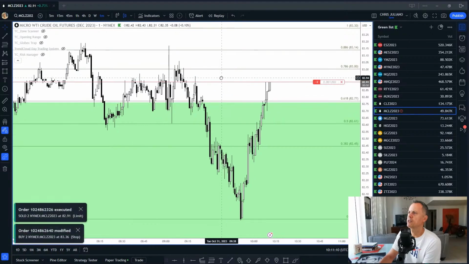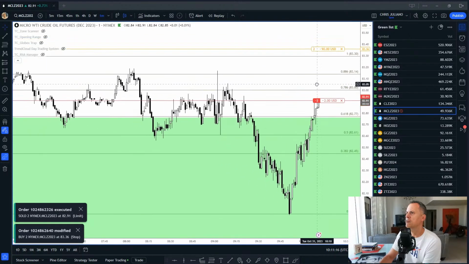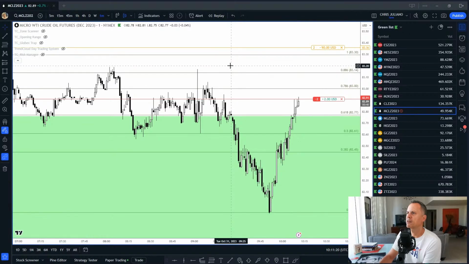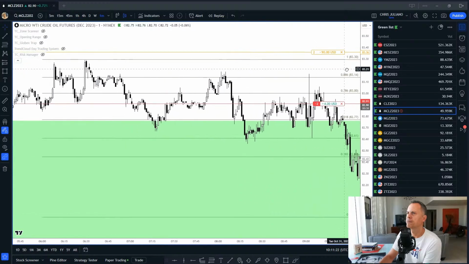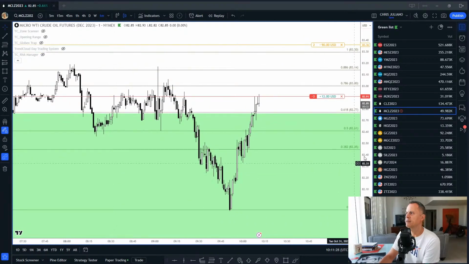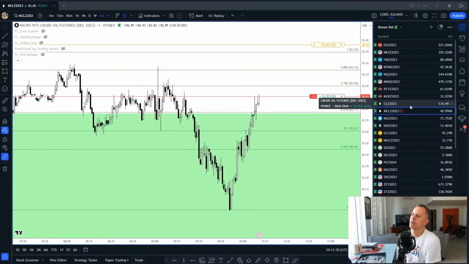So let's watch it on the 1 minute. There we go. We're in, and on the 1 minute, your stop loss looks like it's about here, right? But this is the full structure of it all on that 5 minute chart. So there you go.